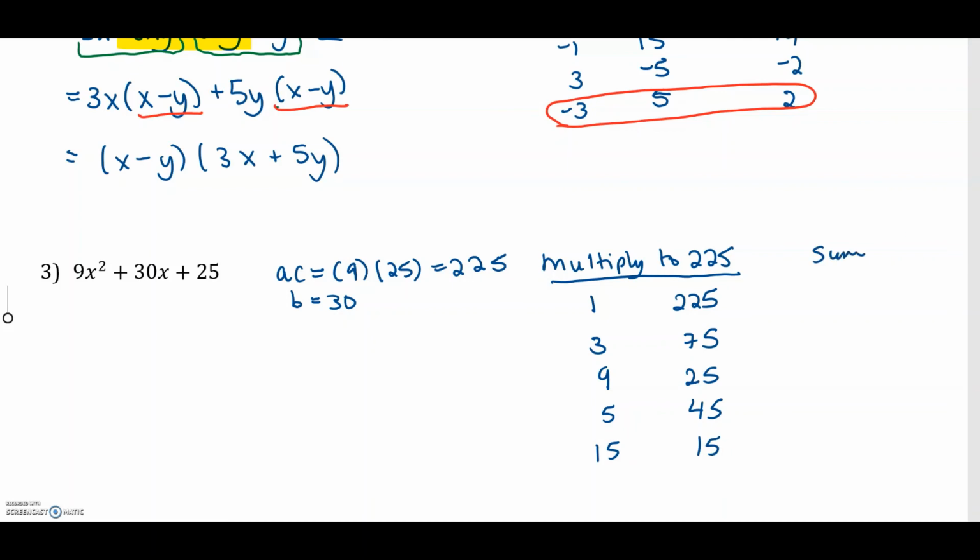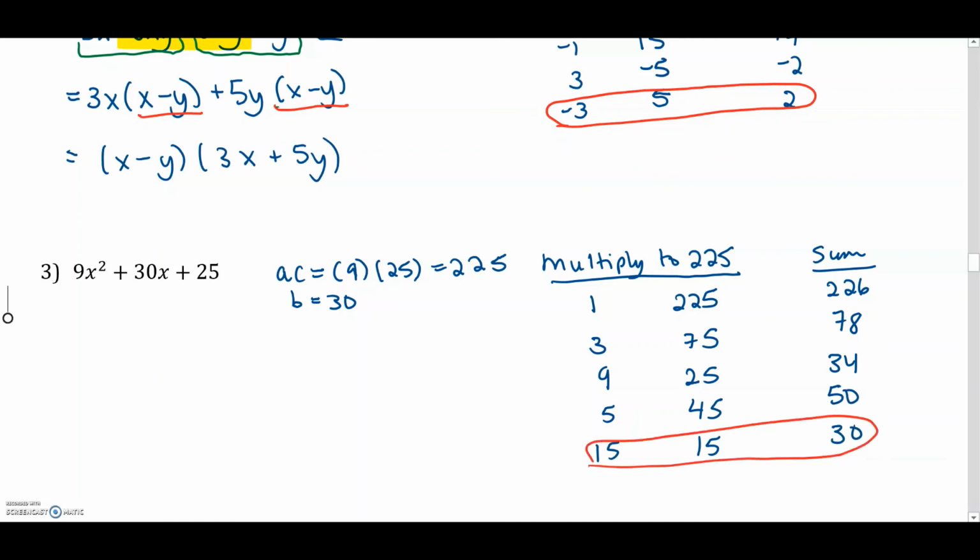So looking at the sum of these values, we get 226, 78, 34, 50, and our desired sum of 30. Now we split up our 30x into 15x plus 15x, and then factor by grouping.